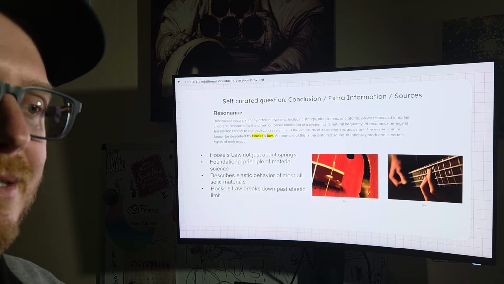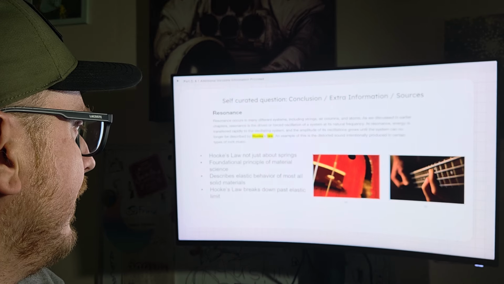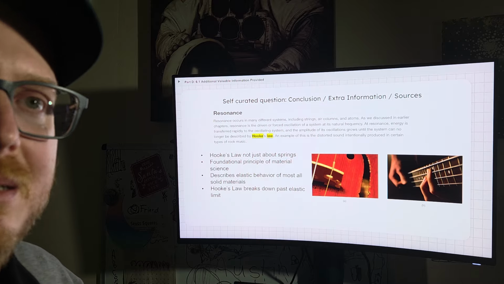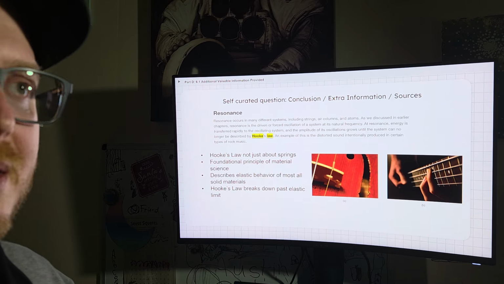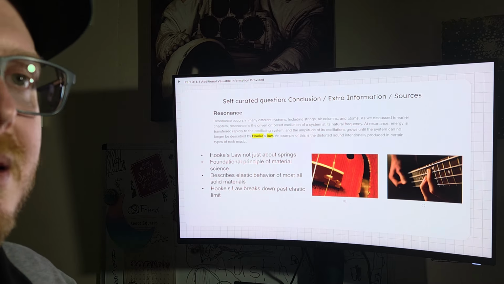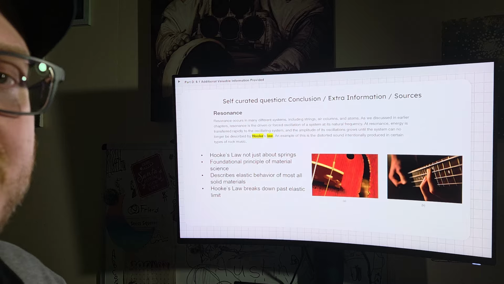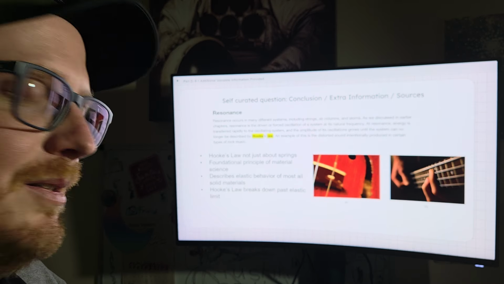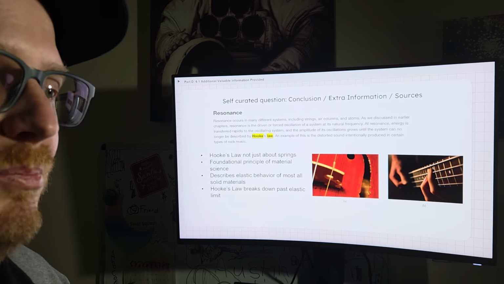So that has basically stretch and it comes back. Like I said, it breaks down past the elastic limit. So Hooke's law is fundamental for all kinds of material science and testing compressions and everything like that. But past a certain point, it has no information that you can get out of it because it goes past a point and breaks.